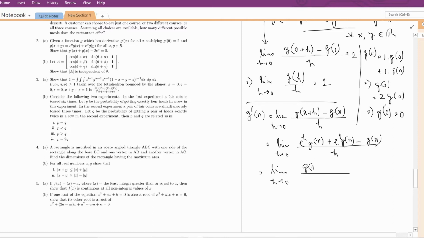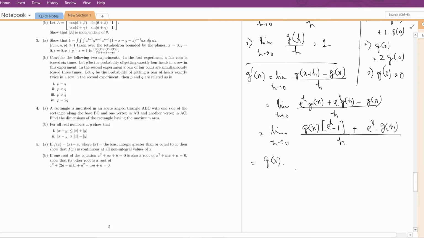Take gx common, then we will get e to the power h minus 1, and keep this e to the power x here into gh, whole divided by h. Gx into limit h tending to 0 of e to the power h minus 1 divided by h, which is equal to 1, plus e to the power x into limit h tending to 0 of gh by h, which we have written here as 2.